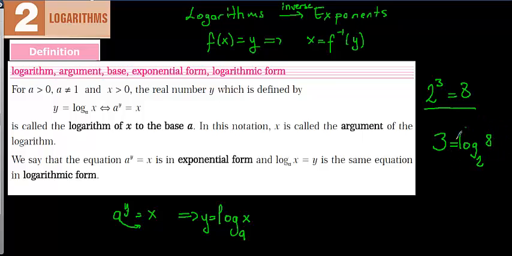If you try to understand the logarithm, this expression finds the power. We are finding the power here. What is the power? Here the power was 3. With this logarithm operation, you are finding the exponential power, which is equal to 3.